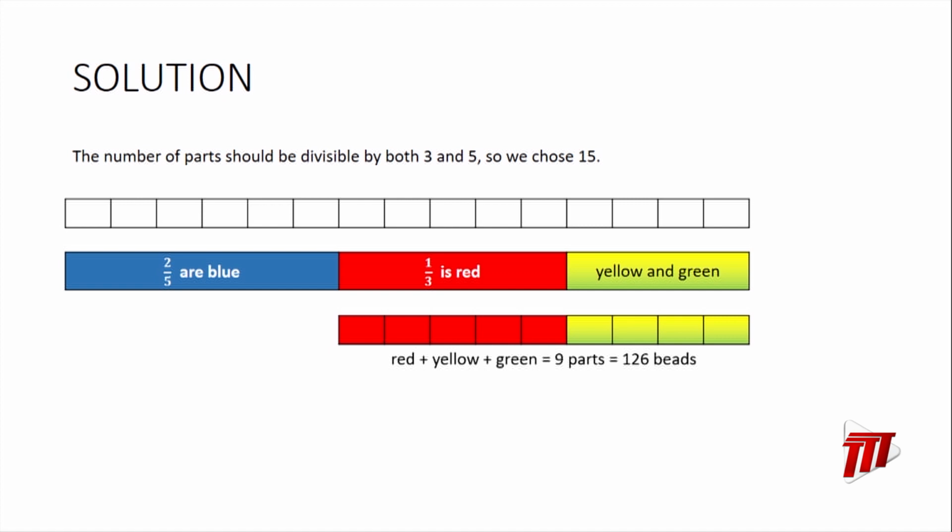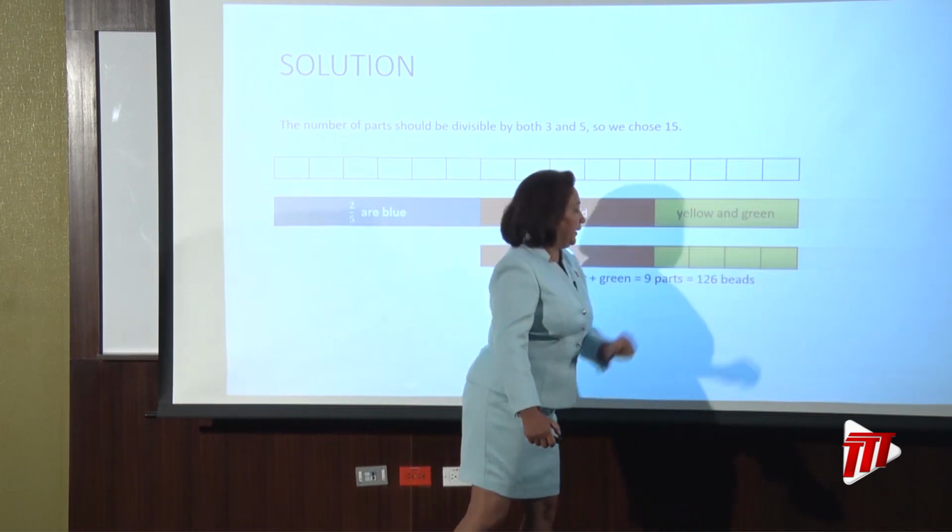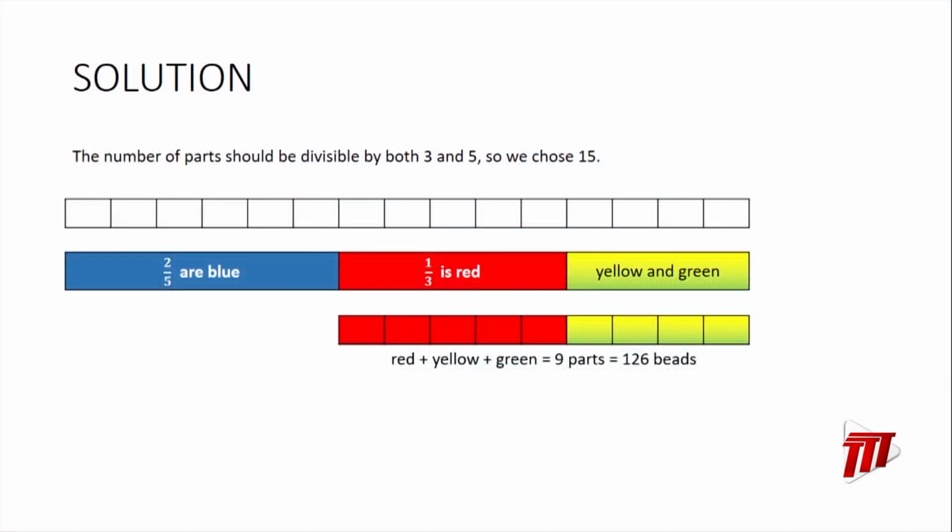So when I add all of these, I have 1, 2, 3, 4, 5, 6, 7, 8, 9. 9 parts is equal to 126. Therefore, 1 part, 1/15, is equal to 126 divided by 9, which is 14 beads.